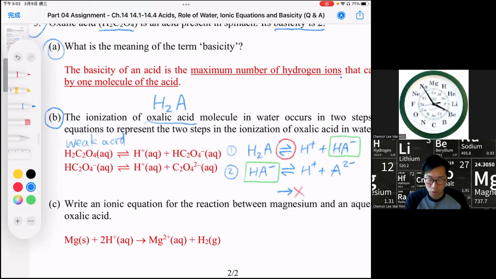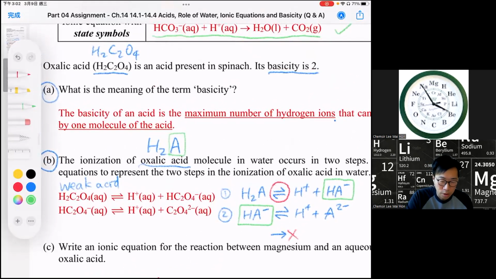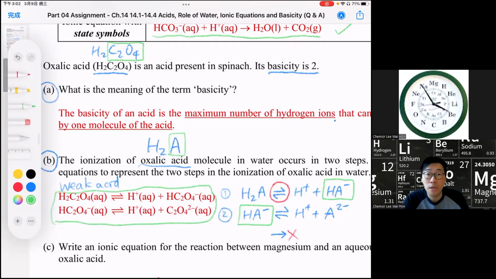Of course, leaving the A2-. So don't forget that A is just a general idea. A here is actually representing the C2O4 part. So if you just replace the A by C2O4, then you got everything required here. So this is the way to deal with the problem in this part B.